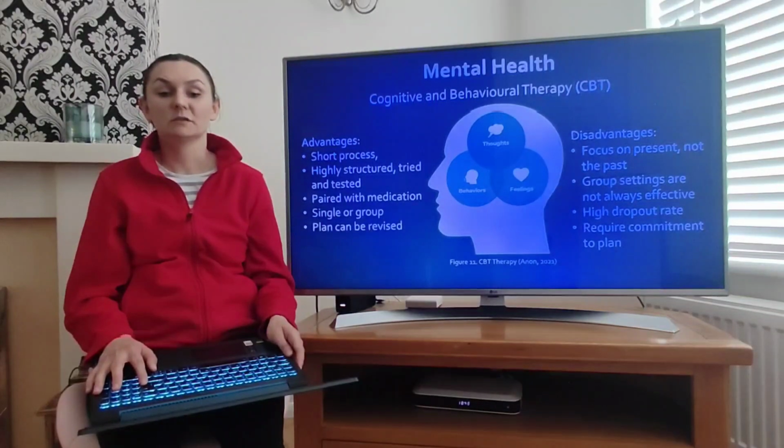The main disadvantage of CBT is the focus on the present situation rather than considering the past, where the source of the negative thoughts and emotions is not explored. Group sessions are not always practical as they exclude the holistic approach and might not suit everyone's individual needs.